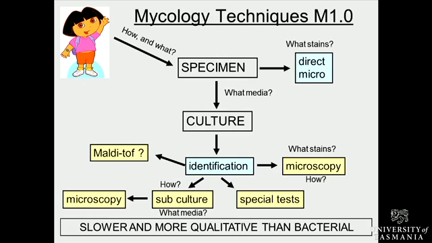So swabs are hardly ever used in mycology. It will either be a skin scraping, or a hair cutting, or a nail clipping, or a biopsy, but a solid tissue. It's hardly ever a swab. Swabs are very poor specimens for most kinds of mycology.